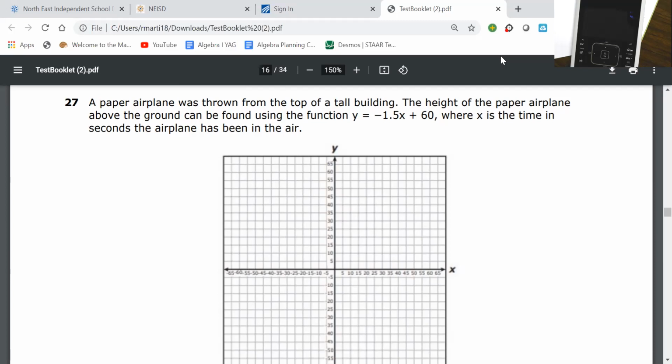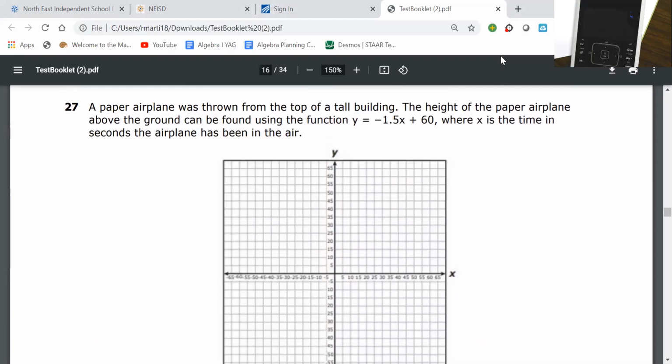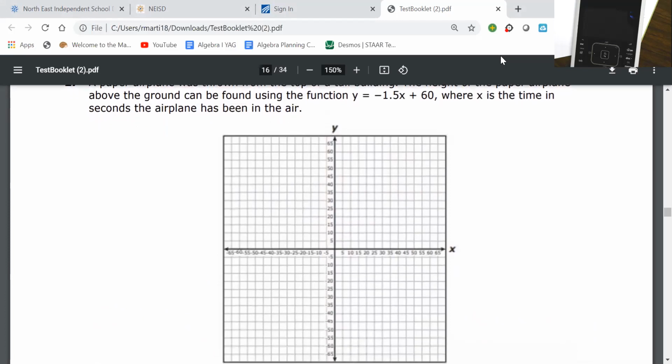Okay, so if you go down further, it says, how many seconds did it take the paper airplane to reach the ground? What's the first thing you need to recognize? What is the level of the ground?